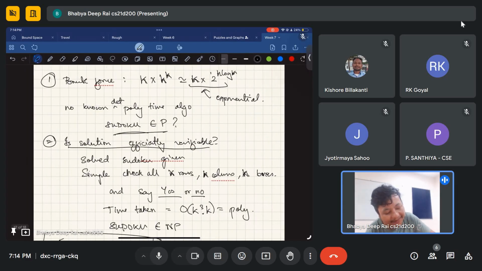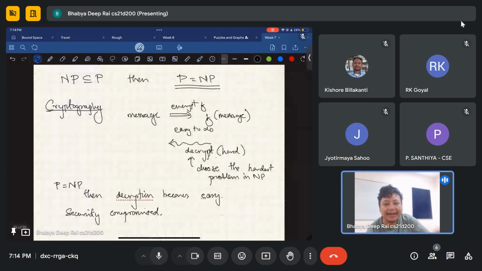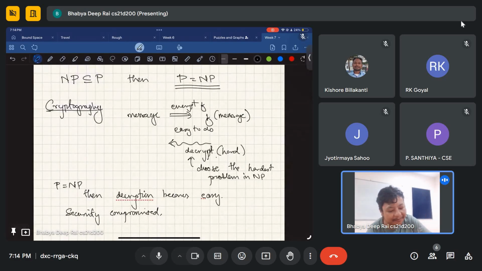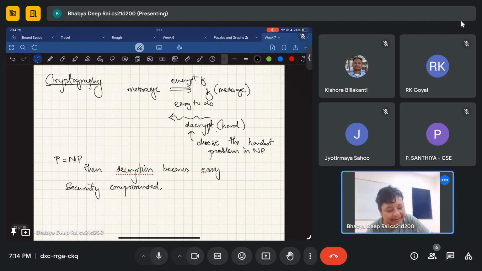This solution that is efficiently verifiable is often also called a certificate, or sometimes a witness, to an NP problem. This is exactly what is happening here. My password is my certificate, because the password is the certificate to this hard problem.